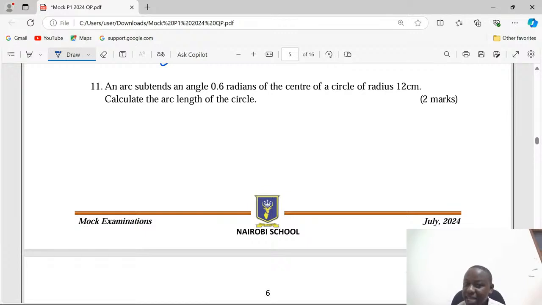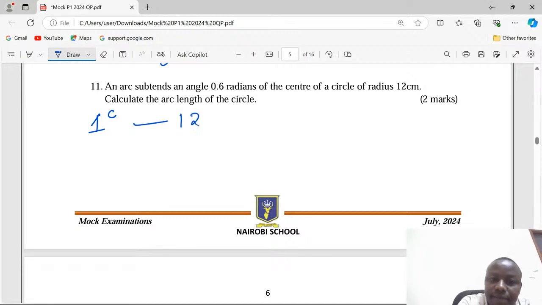Therefore, an angle measuring 1 radian would be subtended by an arc length equal to the radius of the circle.